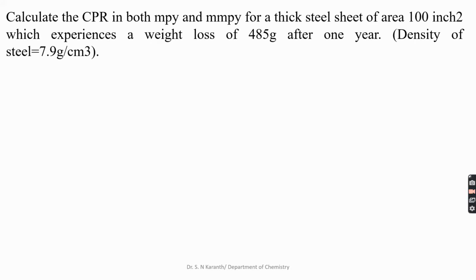This problem is similar to the previous one. Here you have to calculate the CPR in Mmpy and Mpy units. The given weight loss is 485 gram after 1 year.